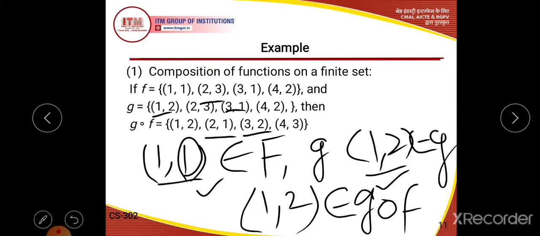The only ordered pair is (2,3). If we compose these two ordered pairs, we get (4,3). So this is the last ordered pair in g∘f. In this way we do composition of function on a finite set, because both F and G are finite.